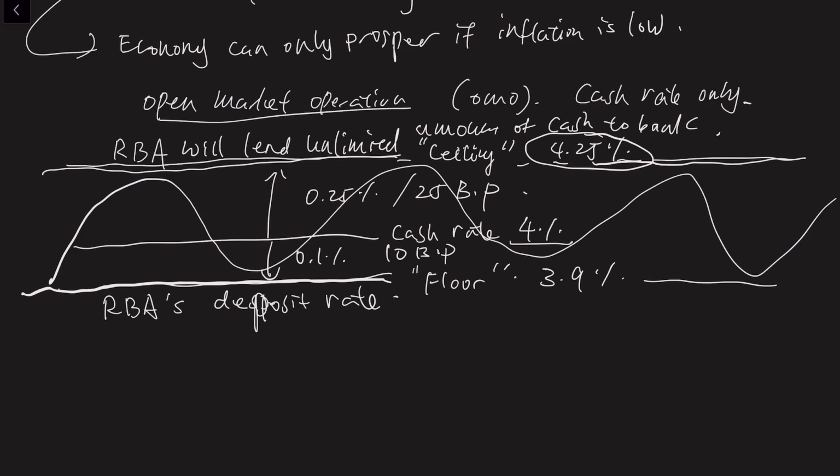So the deposit rate, or the lowest interest rate the cash rate can go, will never be lower than 3.9%. So that's why it is called a floor.